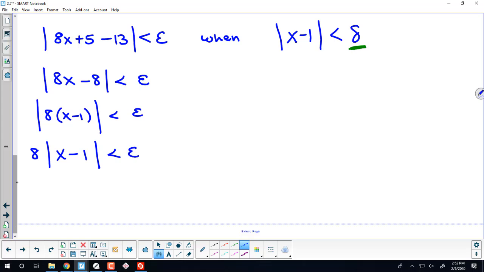You end up with an expression, after you've simplified the absolute value statement involving the y, that looks almost identical to this statement right here. The only difference is that we want this 8 over here with this epsilon.